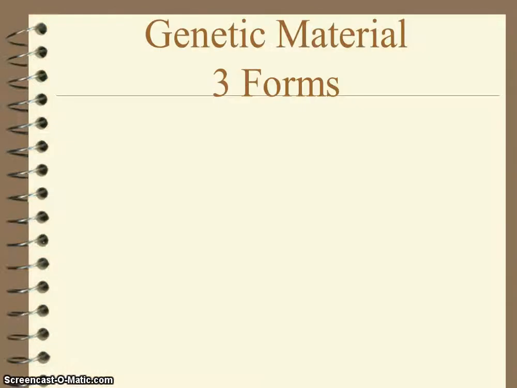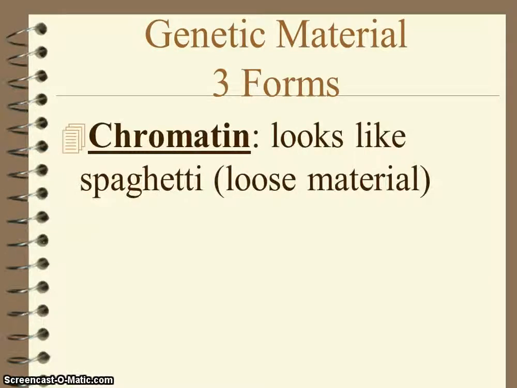Before we can talk about the actual process, we need to understand that DNA can exist in three different forms as genetic material. We talked about chromatin when we talked about the cell parts and cell structure. Chromatin looked like spaghetti, so it was in the nucleus, which was the bowl of spaghetti. So it's very loose, just hanging out in the nucleus.